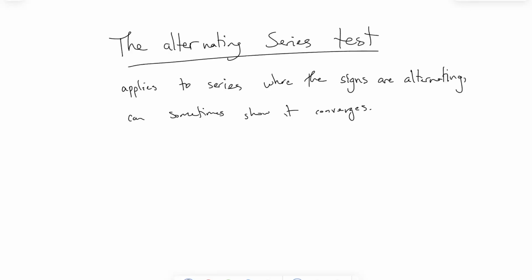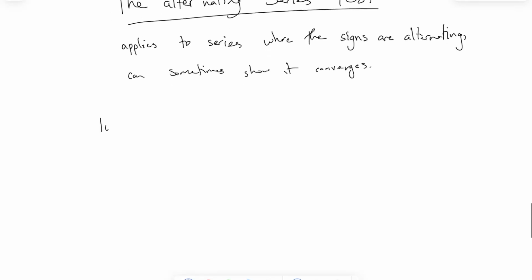For example, the classic example. How about this? This is the classic example of an alternating series, and for obvious reasons, this is called the alternating harmonic series.